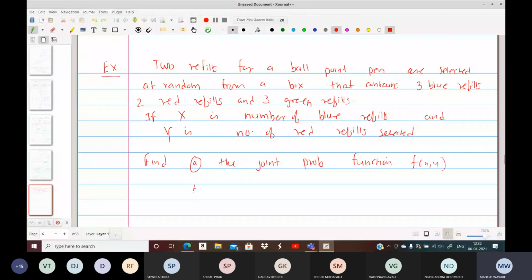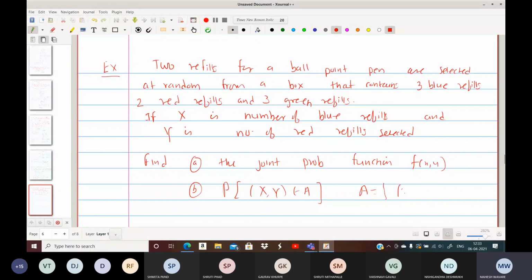It is mentioned. A is all those x, y such that x plus y is less than or equal to 1. This is the region. You have to write all the coordinates whose sum is either 1 or less than 1.